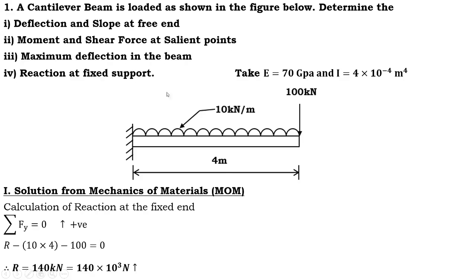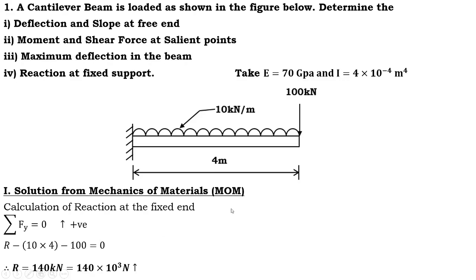When I go with mechanics of materials, first I need to calculate the reaction at the fixed end. For that I need to use the static equilibrium condition. First, I'll consider summation of Fy is equal to 0. Upward force, if there is any, I'll consider positive, downward negative. Therefore the reaction, let us assume it in the upward direction, so I'll consider plus R, and this UDL is acting in a downward direction, so the UDL will be 10 into 4.